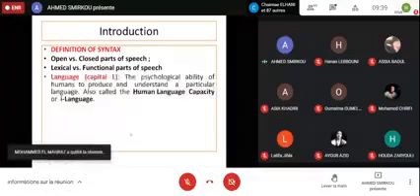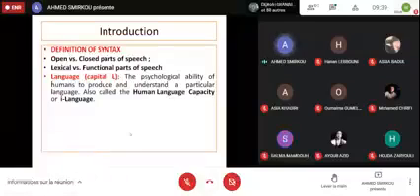So the second point is about the difference between language with capital L and language with small letter l.